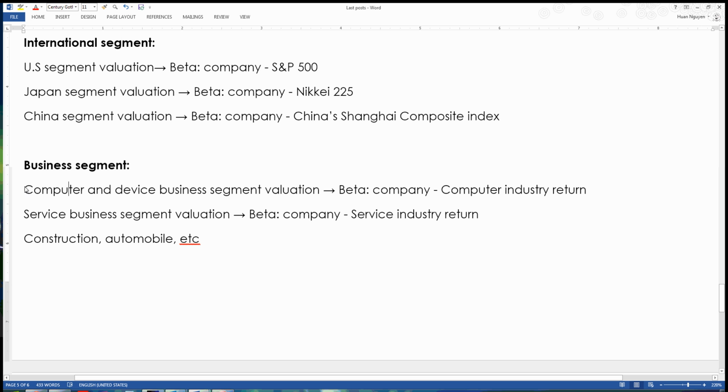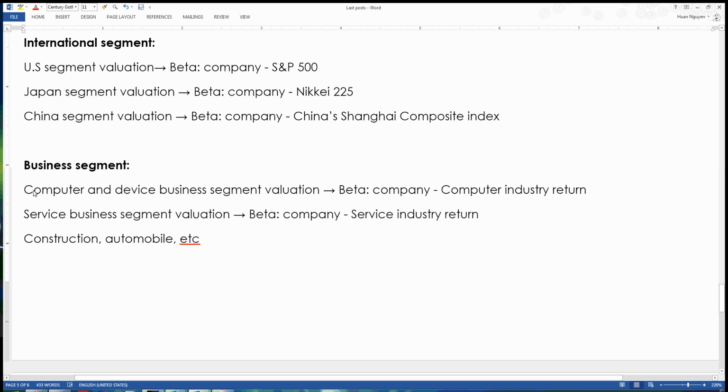Okay, and the other diversification, I would say, is the business segment. If the company has a lot of business segments, we have to break down the segments, and each segment we have to evaluate individually with a certain beta. For example, let's say a company has two business segments, computer and service.